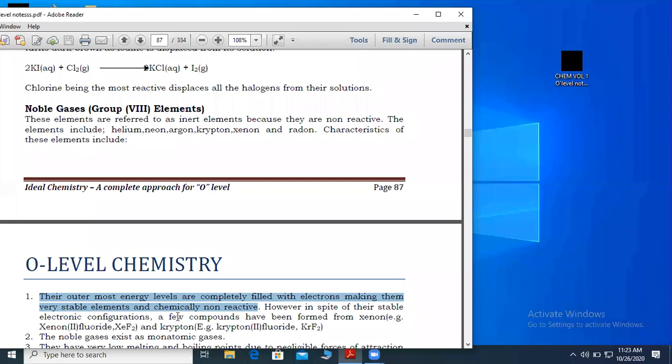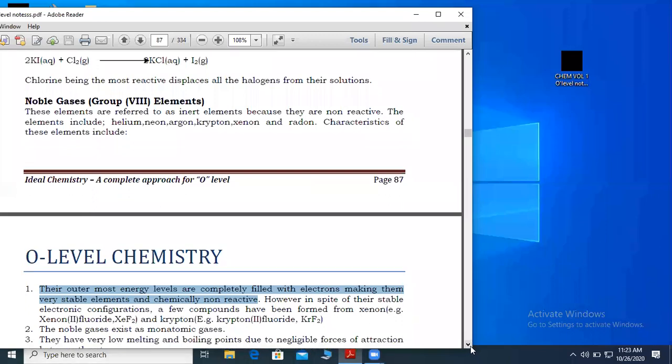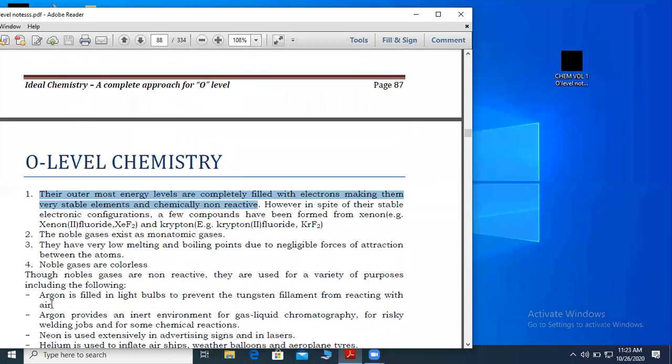I think you agree with me there. That gas is none other than argon. And the answer is here. Argon is filled in light bulbs to prevent the tungsten from reacting with air. So the gas in light bulbs is argon.